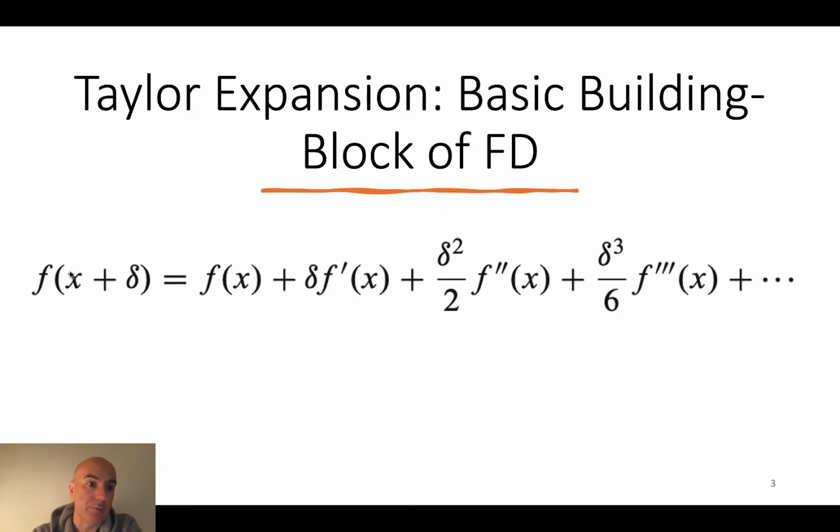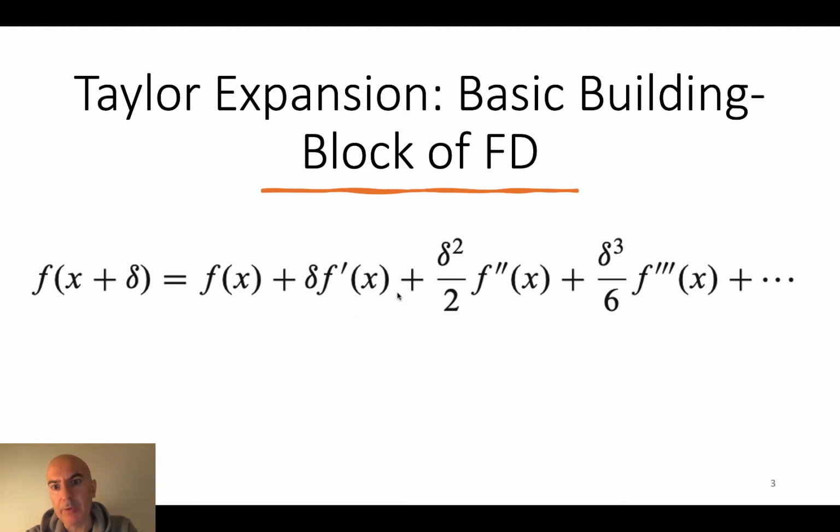The function will be, in this case, f of x plus delta, and we will expand it around the point x. So far, we basically neglected all the terms after the f prime term. So we need to decide when to cut down our expansion. Typically, in the previous lecture we cut it down here.